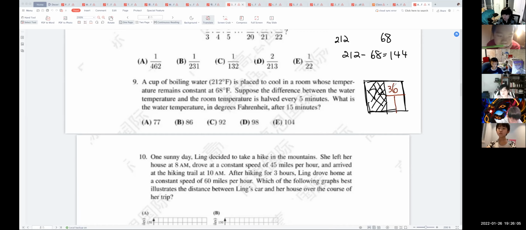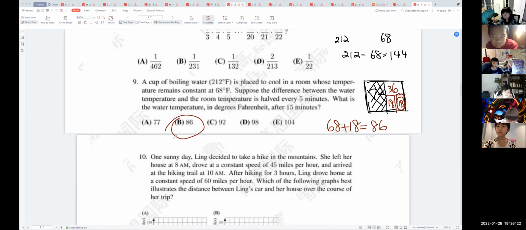Then decreases by half of 36, which is 18. So last, what is the difference between the room temperature and the boiling water? It's 18 degrees. So all we need to do is 68 plus 18 equals 86. So we spend way less time calculating this question.